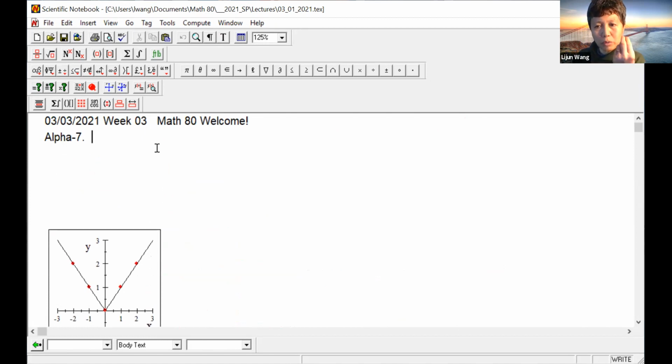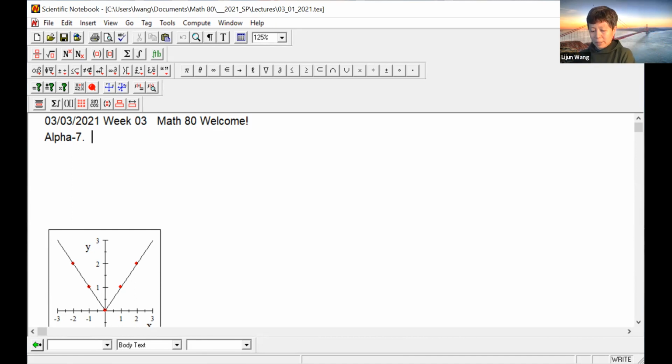We mentioned there are 2 kinds of sentences in mathematics. Only 2 kinds. A lot of the things we learned so far, alpha 4, alpha 3, all these functions, they're just statements.